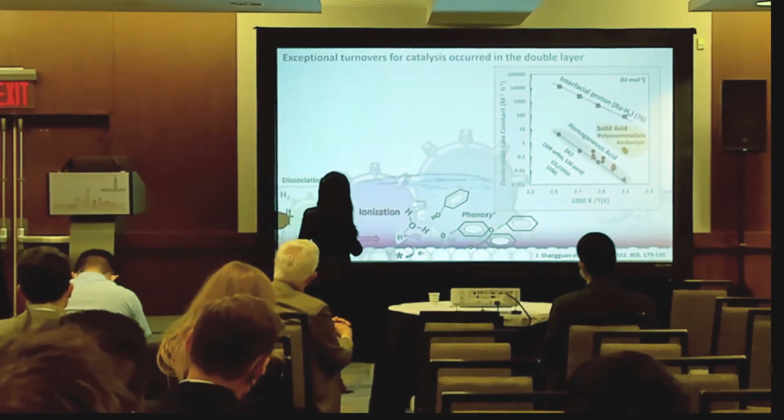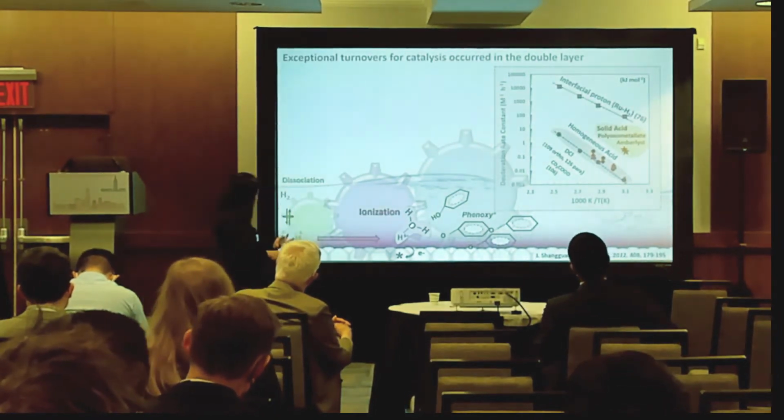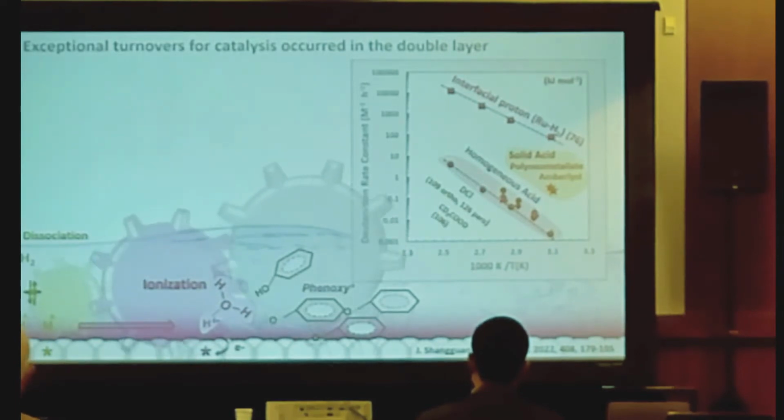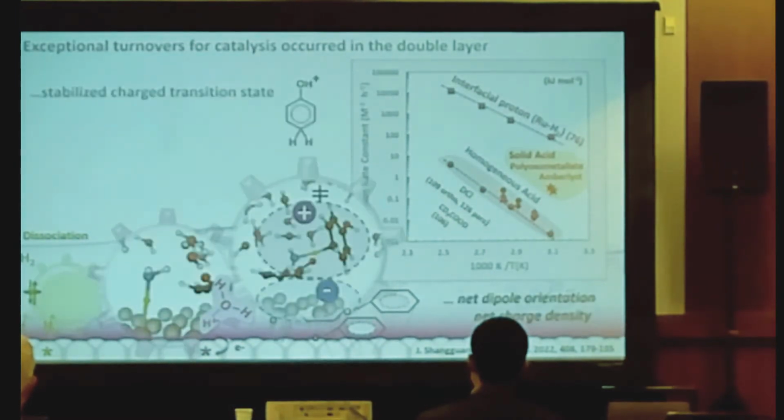Activation of the hydrogen, ionization to make the interfacial proton, and then this proton is going to attract the phenol species that is present in the electrical double layer. That is much more effective than the homogeneous acid because there is a net charge density.